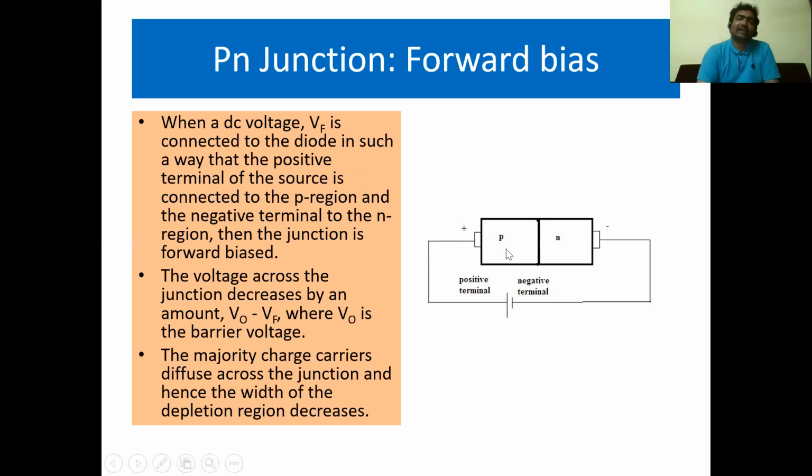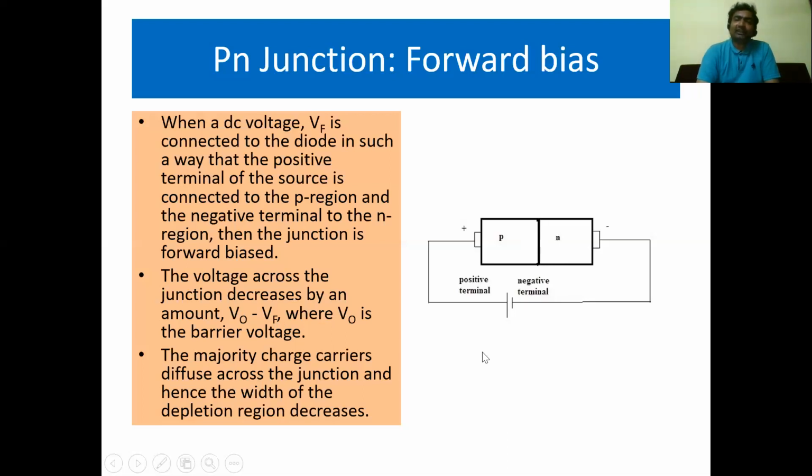What is forward bias? When the P region of the PN junction diode is connected to the battery's positive terminal and the N region is connected to the negative terminal of the battery, this particular situation is called a forward bias condition. The voltage across the PN junction, V0, will decrease by a factor Vf. What is Vf? Vf is the forward voltage applied by the external battery.